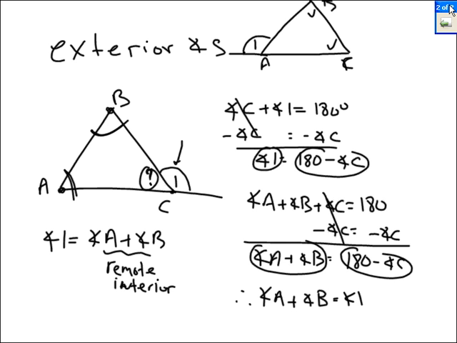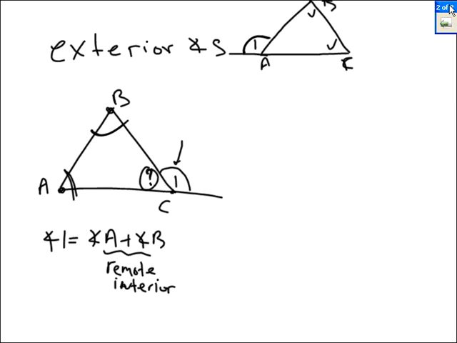Remote interior angles are with respect to the exterior angles. Angle 1 is exterior.